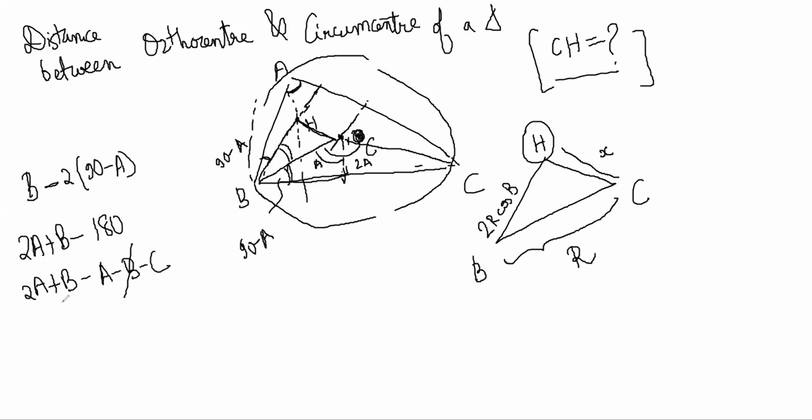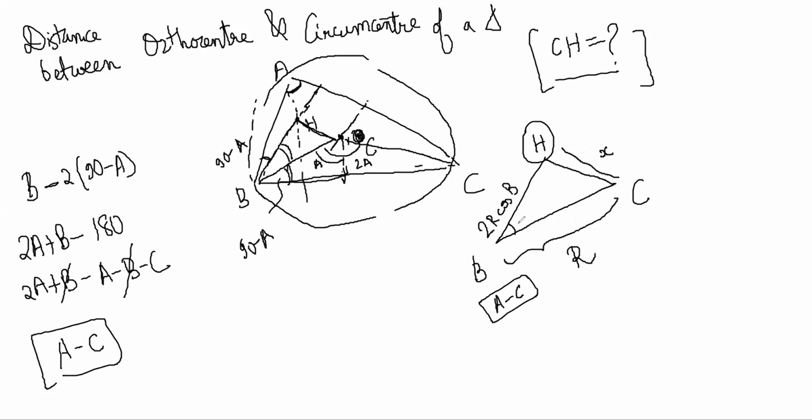This cancels, so it is A minus C, right? So this angle is A minus C, right? So now our job is just to find the third side. You know two sides and the included angle, right?